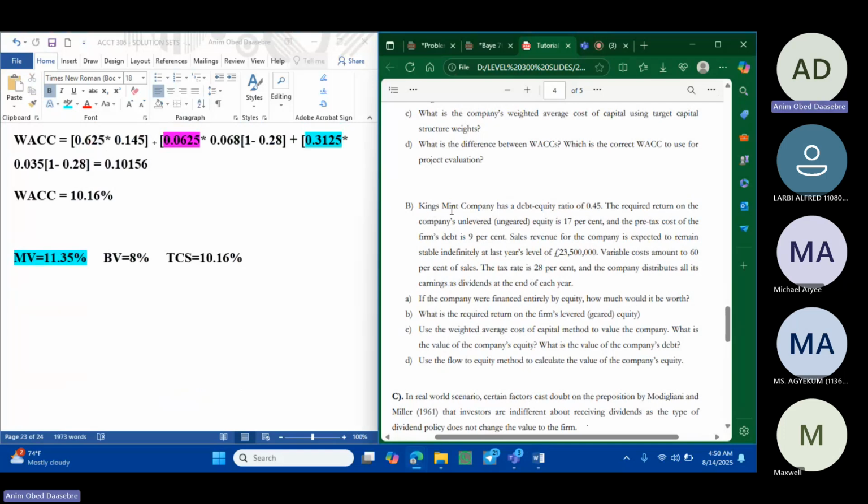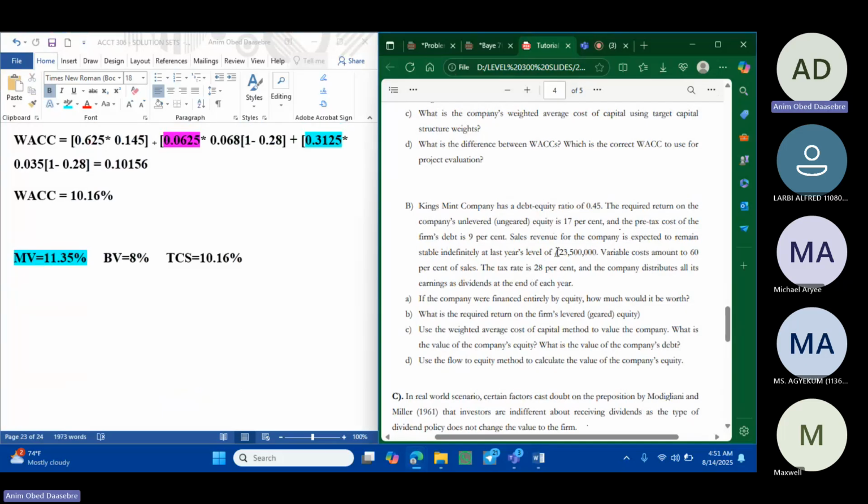The B. Keynes Met company has a debt equity ratio of 45%. The required return on geared equity is 17%, and the pre-tax cost of the firm's debt is 9%.